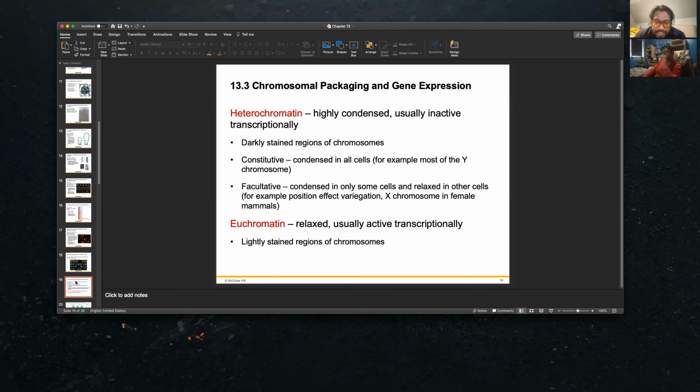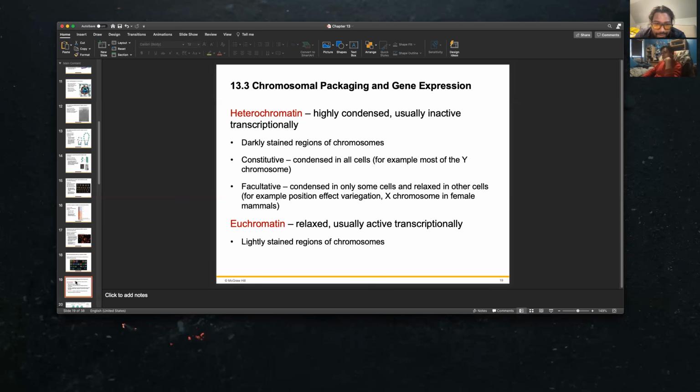Constitutive means that it's condensed in all cells. There's a difference between constitutive and facultative, where it's condensed in only some cells and relaxed in other cells, aka euchromatin. For example, position effect variegation, X chromosome in female mammals.